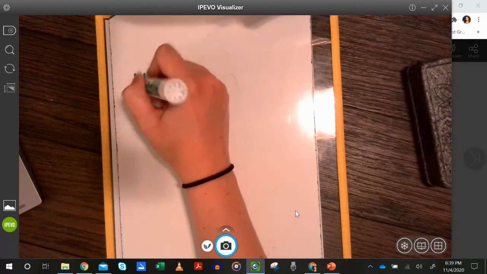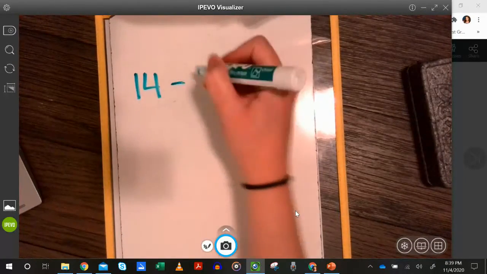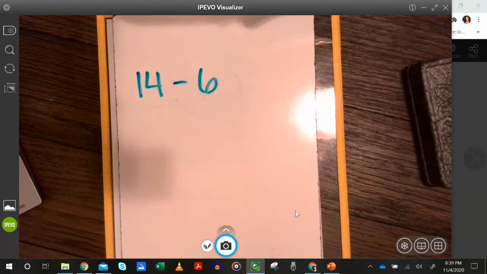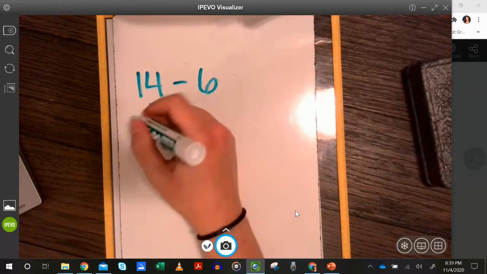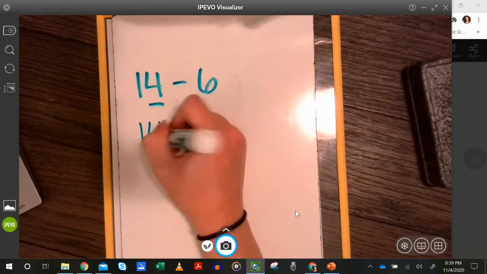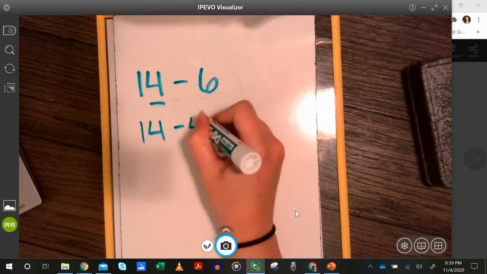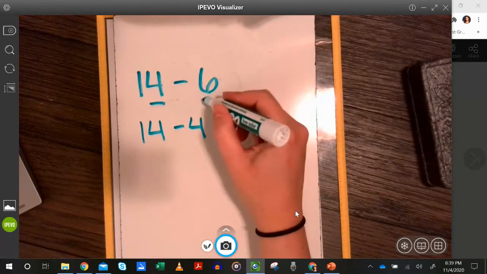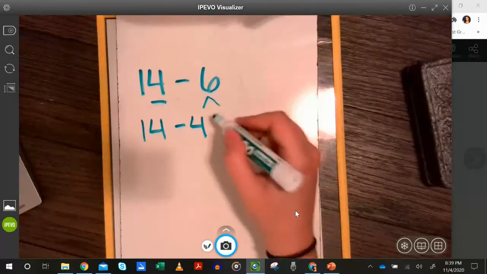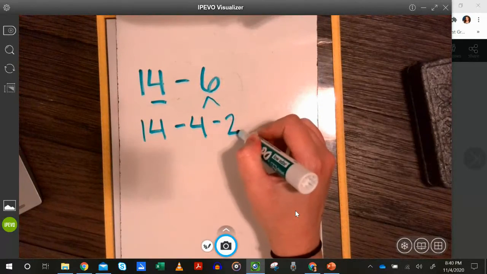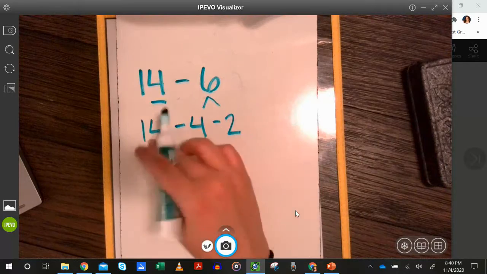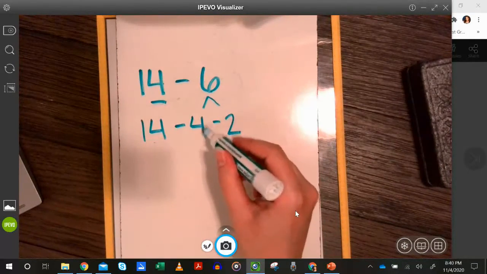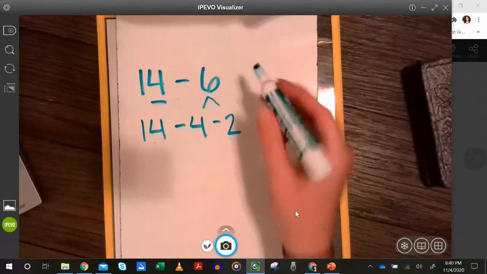Okay, let's see how that would look written out. I have 14 and I want to take away 6. Okay. The easy number to take away is 4. So if I have 14, I can take away 4, but to get my 6, I'm going to need to take away 2 more. 14 and take away 6 by taking away 4 and taking away 2.